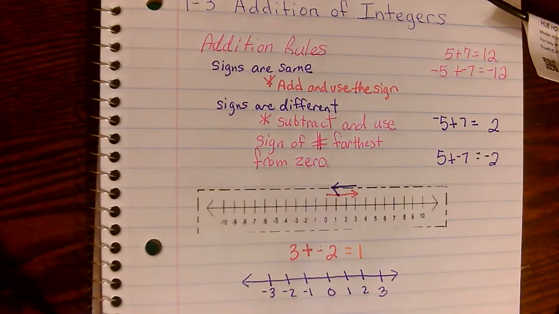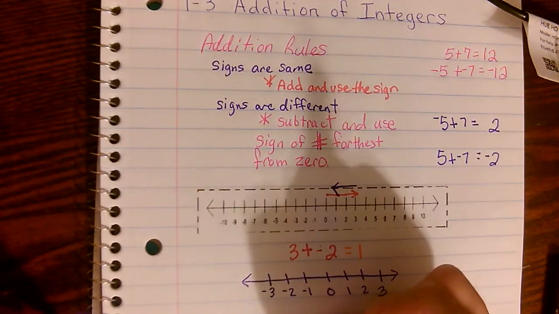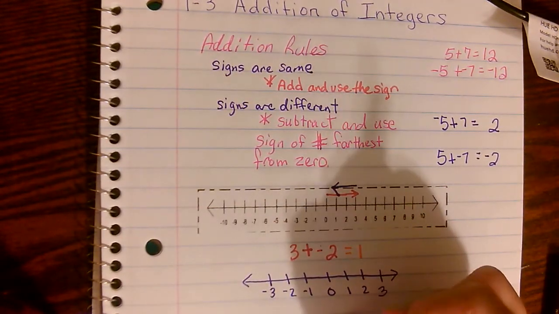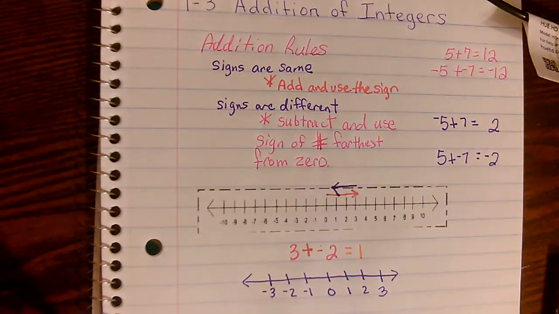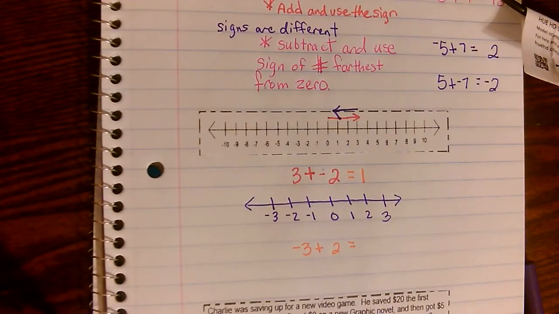Alright, this time let's do a different problem. Let's go with negative 3 plus 2, and what that equals. Now you can use your rules that we just talked about, or you can also just use the number line.